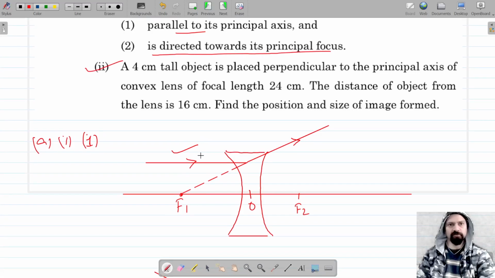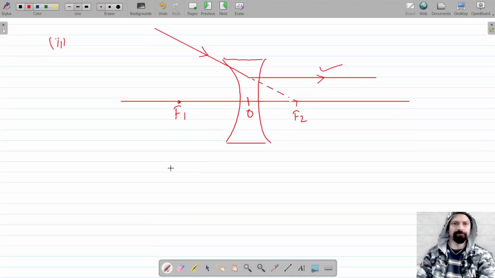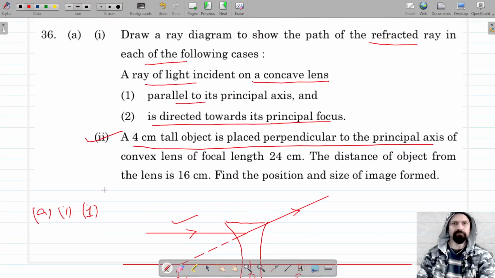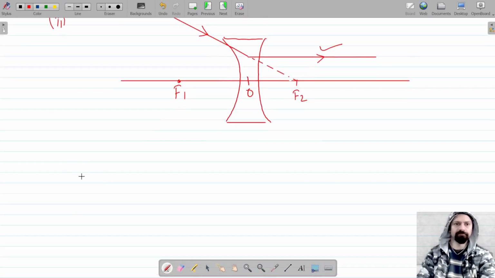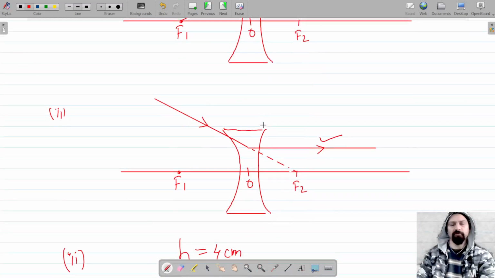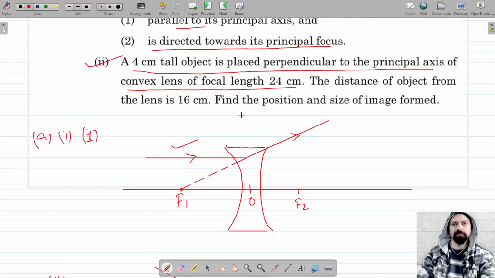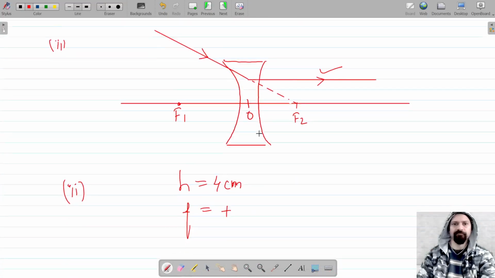Now for the second question, a 4 centimeter tall object is placed perpendicular to the principal axis of a convex lens of focal length, and the sign convention for focal length is plus, which is 24 centimeter.